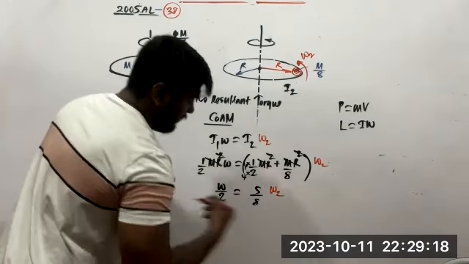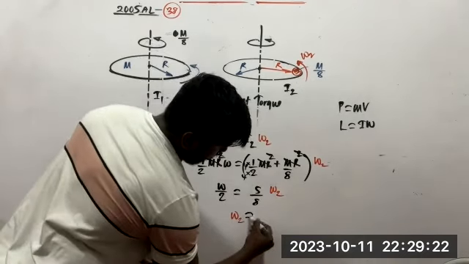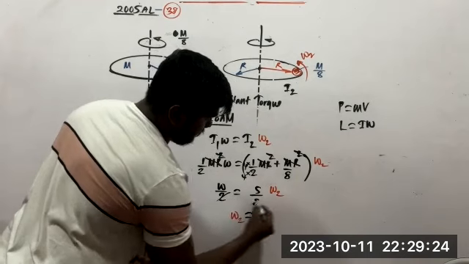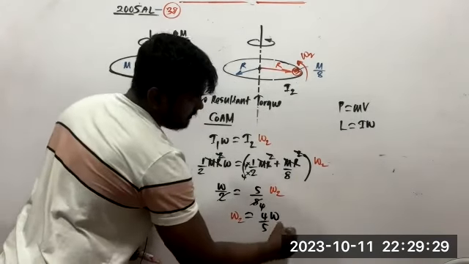So I obtain omega 2 equals 4 over 5 omega.